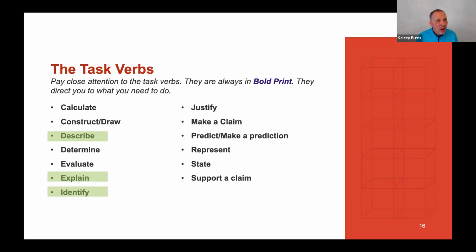And then the last one is justify. When we talk about justify, you're providing evidence. It might be a lab scenario or something like that, and there's a claim, and you need to provide evidence to support, qualify, or defend the claim. What a lot of students do is just repeat the evidence.